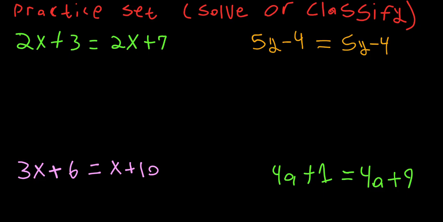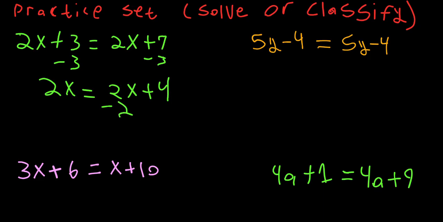So on the first, top left, green, my spider senses are tingling. I'm seeing the same coefficient with the same variable on both sides. So let me follow my standard procedure. Let's subtract 3 from both sides. We get 2x equals 2x plus 4.